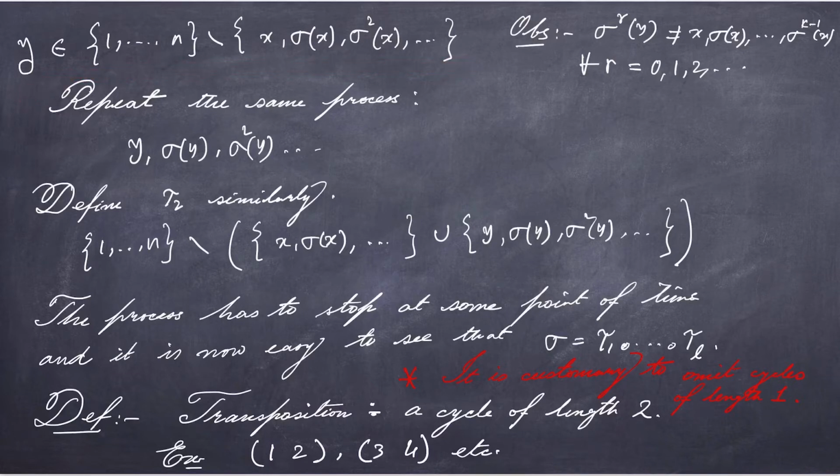For this collection we argue as previously, and that leads me to a tau 2. So what is tau 2? Let me again write for you: y, sigma y, and it goes on till the point when they are all distinct, and after that things will be repeating.